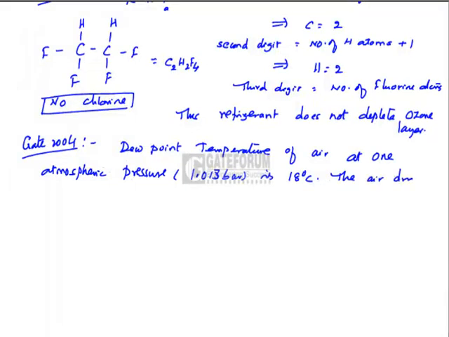The air dry bulb temperature is 30 degrees Celsius.